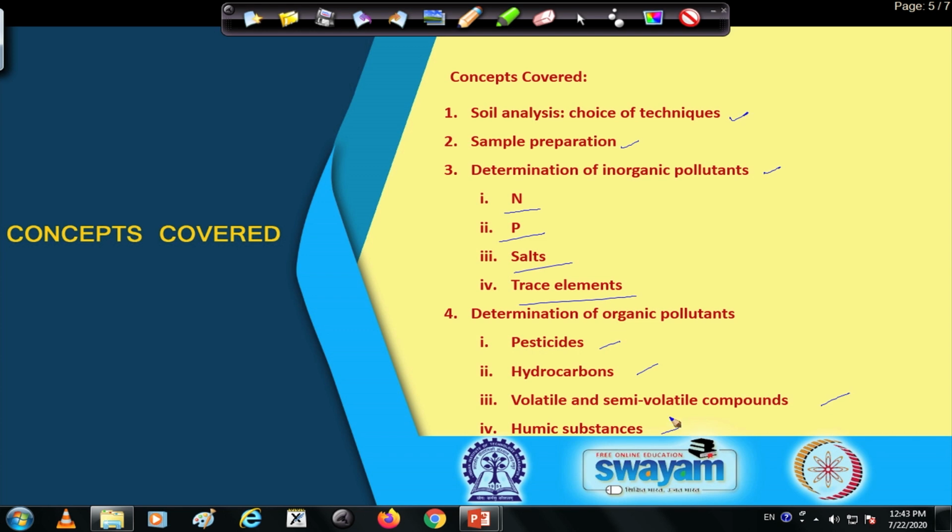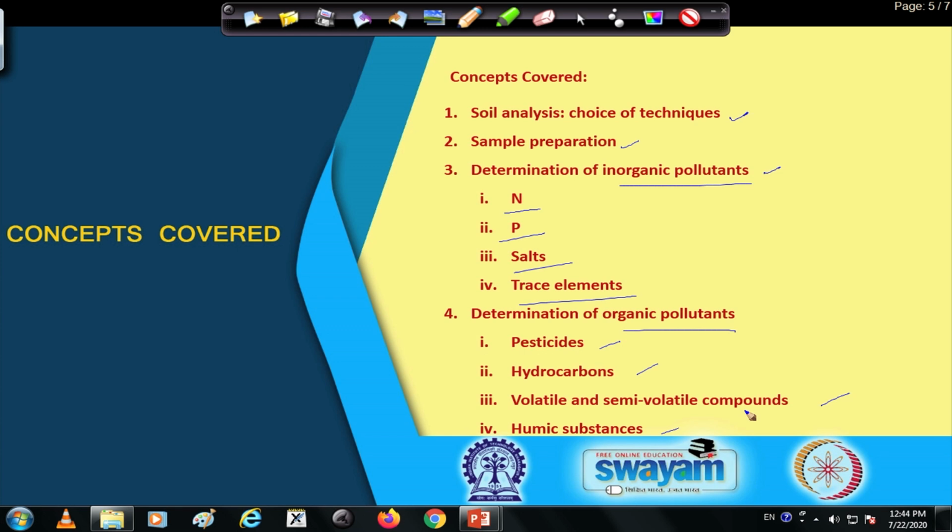Remember, soil is called contaminated when it is having higher concentration of either inorganic pollutants or organic pollutants or both of them, which causes significant health damage for the human being and also creates hazard to the environment. So, to determine whether a soil is really contaminated or not, you have to adopt certain methodology for error free or accurate measurement of different pollutants.